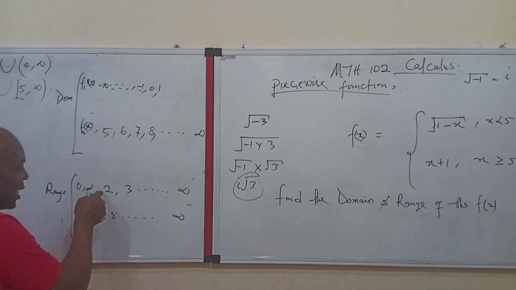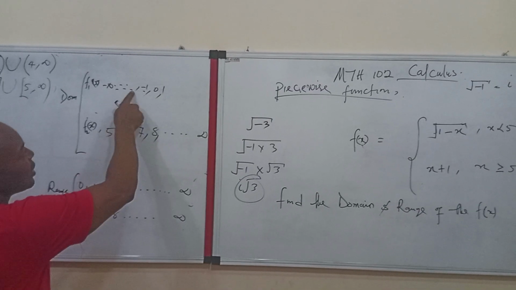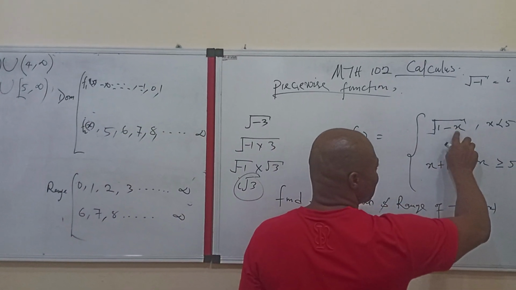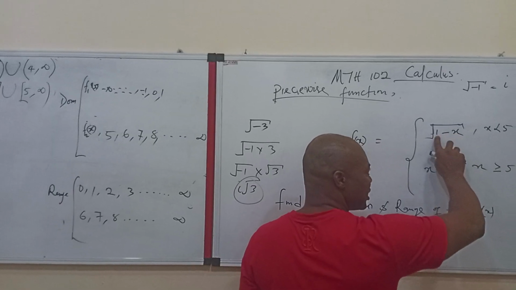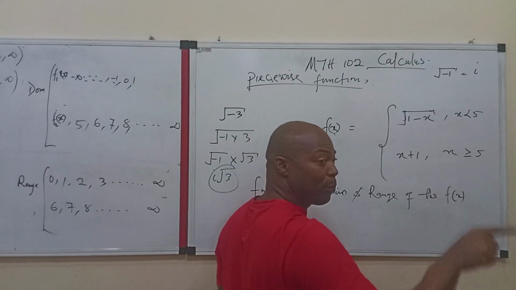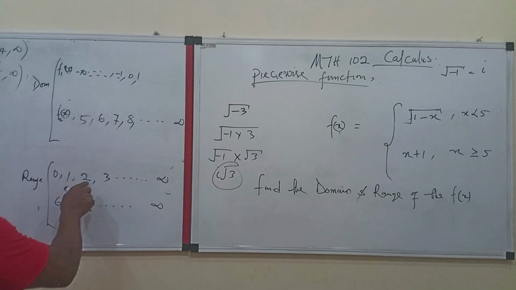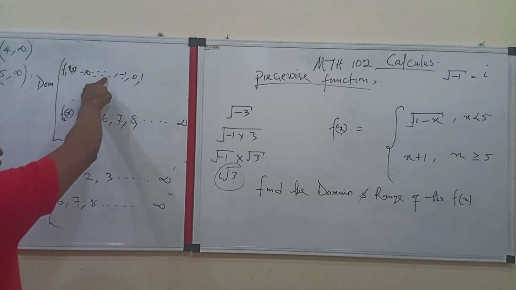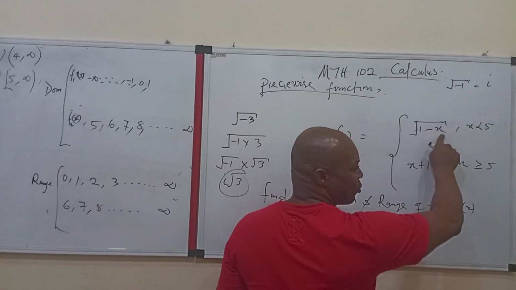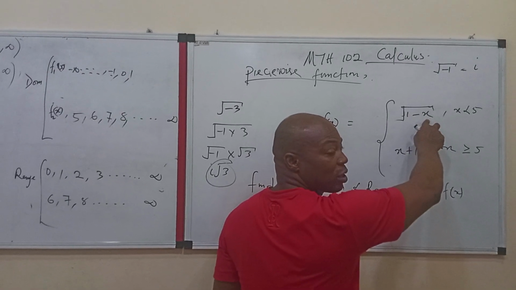You go see say the next number now go dey bigger than this one. If you go reach 2, minus 2 come here. Minus times minus will give you plus 2. This 1 plus that will give you 3. Square root of 3 will give you 1 point something, wey go dey still bigger than the number wey you don get. Now, wetin make I write these 2 now? If you come get up to 3, when you put minus 3 for here, minus times that minus 3 will give you positive 3. 1 plus that 3 will give you 4.